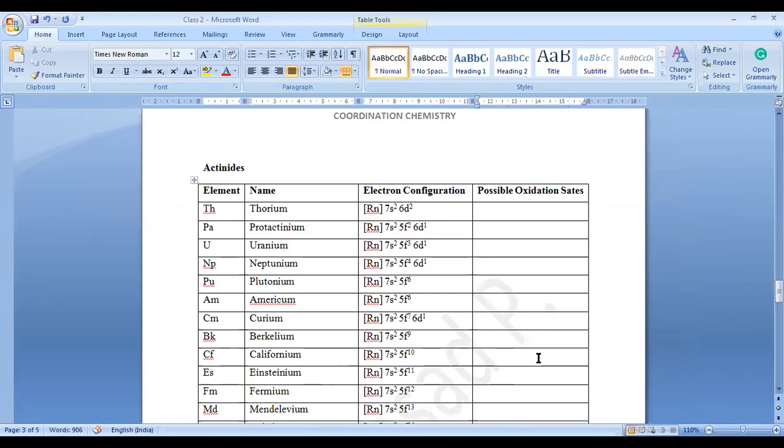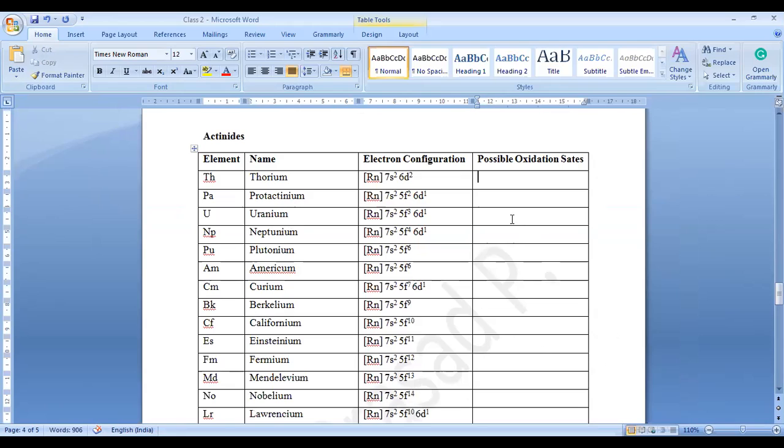Now actinides. Actinides start with thorium. Thorium has plus 3 and plus 4 oxidation states. Then the next one has plus 3 and plus 4, as well as plus 5 oxidation state, that is for Pa.